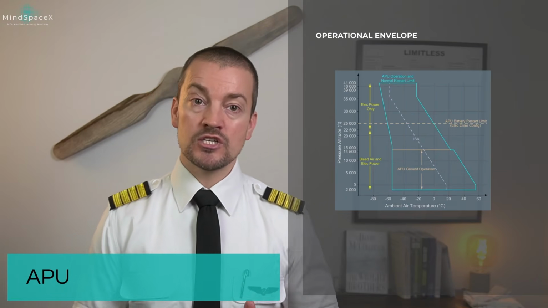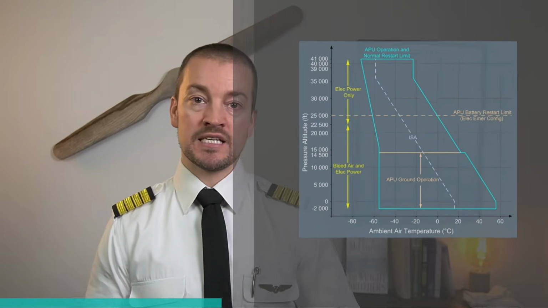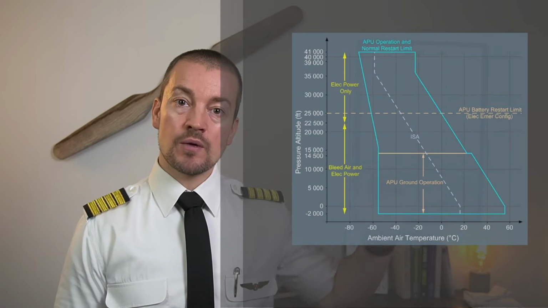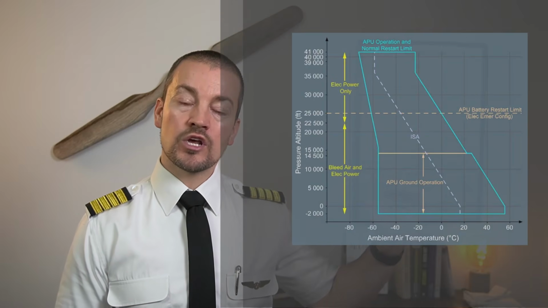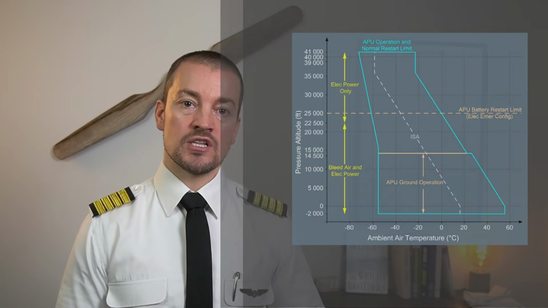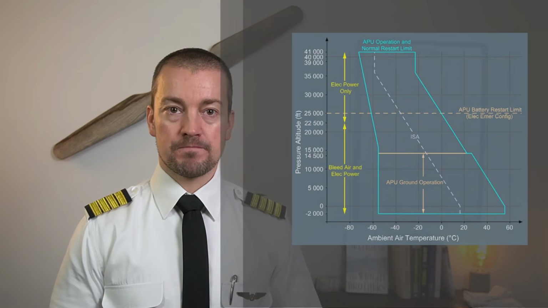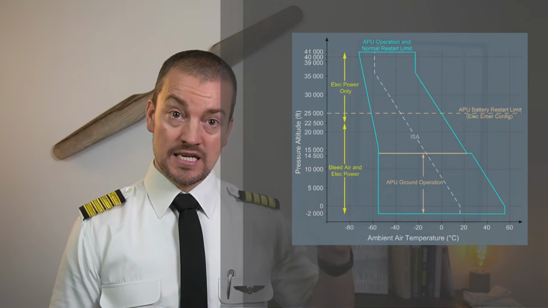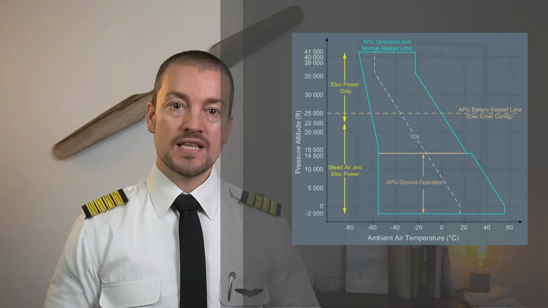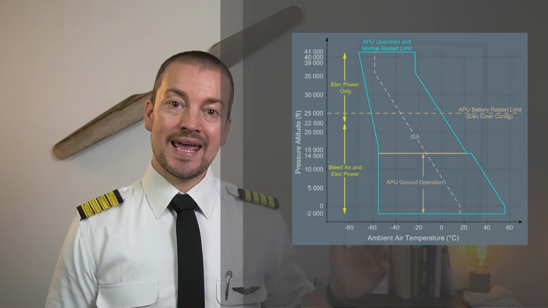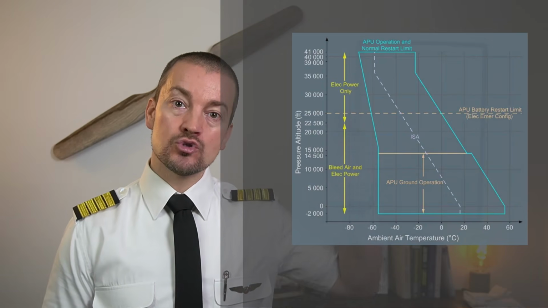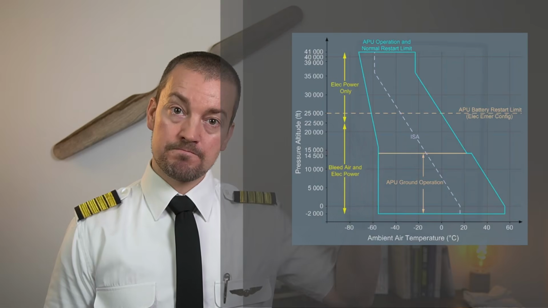For the APU limitations, we also covered this diagram in detail in the presentation. This showed us the APU ground operation right here, where we can operate the APU on the ground up to 14,500 feet. So no limitation there, and down to minus 2,000 feet. But where we had to pay specific attention was the yellow marking right here, which states that the use of the APU bleed together with electrical output is limited to 22,500 feet.